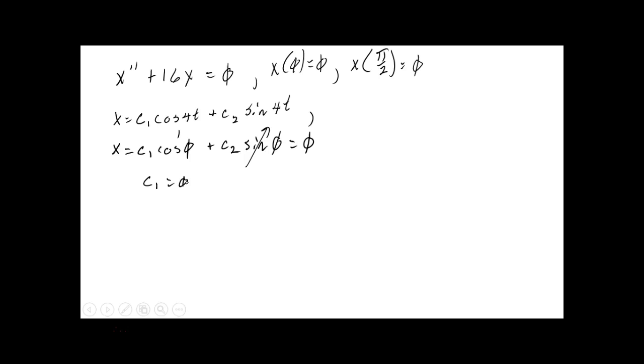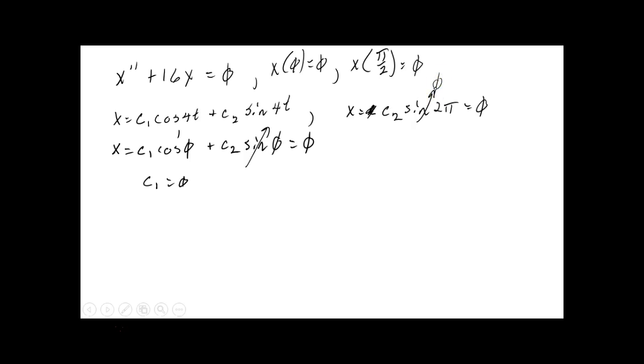So now we're down to a one-parameter case, and if we go to the second boundary condition here, x of pi halves, with c1 being 0, we have c2 times the sine of 4 times pi halves, well, that will be 2 pi, and this is equal to 0. Hey, we don't know what c2 is because sine of 2 pi is equal to 0 itself.